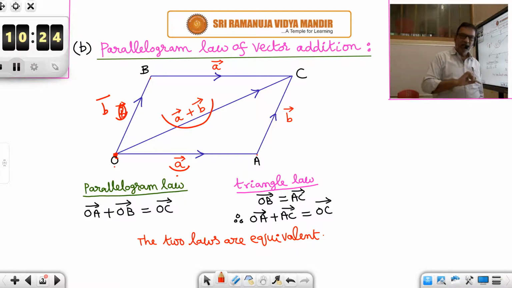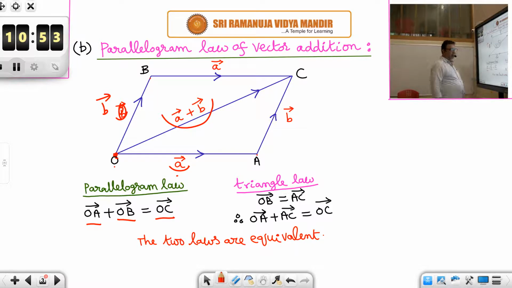Then the diagonal of the parallelogram passing through the same initial point O, that is the diagonal OC, will represent a bar plus b bar. So OC bar is equal to a bar plus b bar. So the parallelogram law is: OA bar plus OB bar, adjacent sides, is equal to the diagonal OC bar.